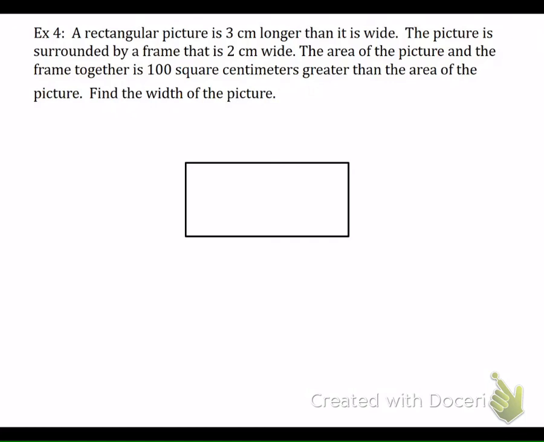The rectangular picture is 3 centimeters longer than it is wide. So what can I call the dimensions of the picture? W and W plus 3. Perfect. Okay, now I'm going to put a frame around it. Boom. The picture is surrounded by a frame that is 2 centimeters wide.